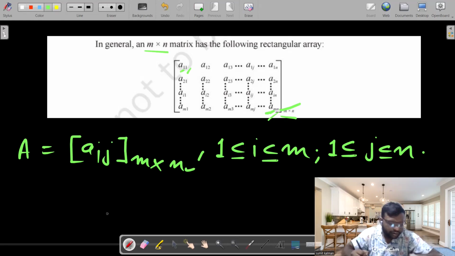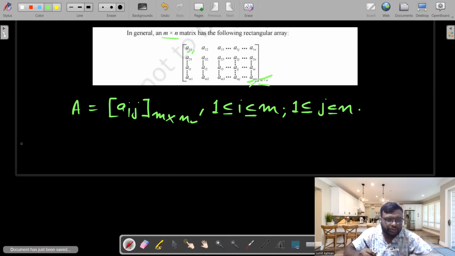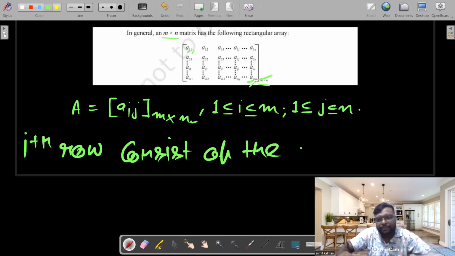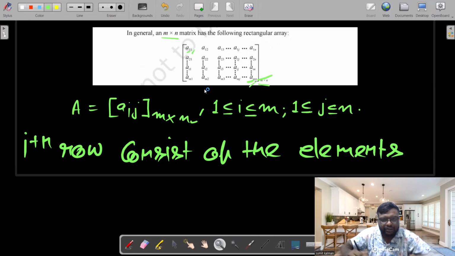Now we will see that ith row consists of the elements. Just see ith row here.